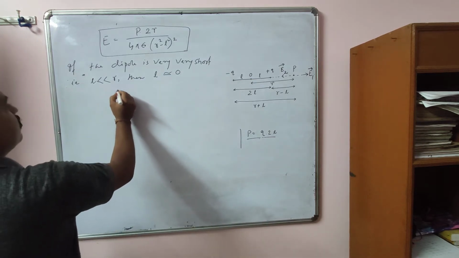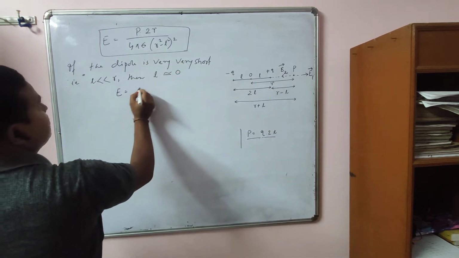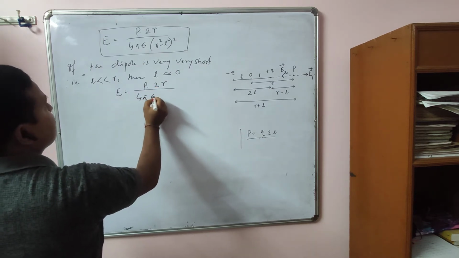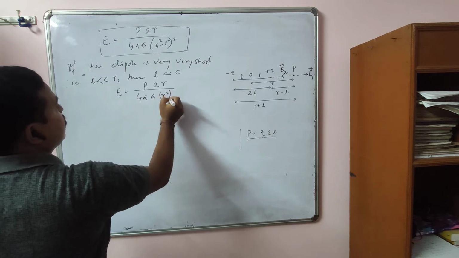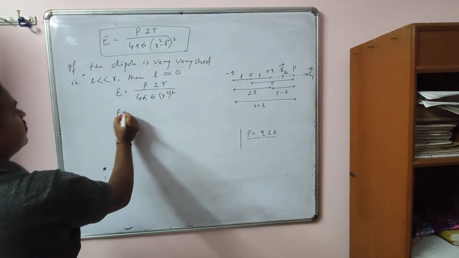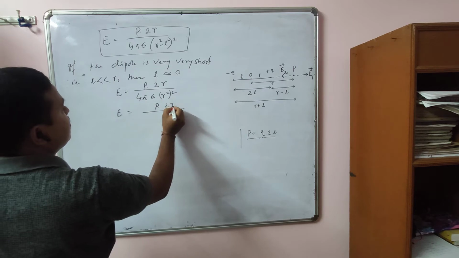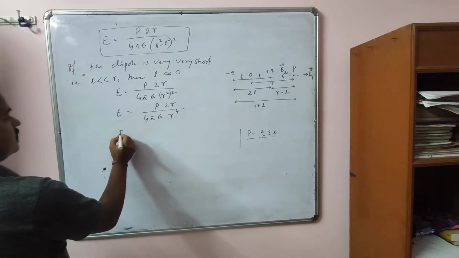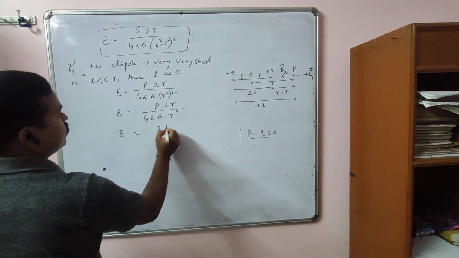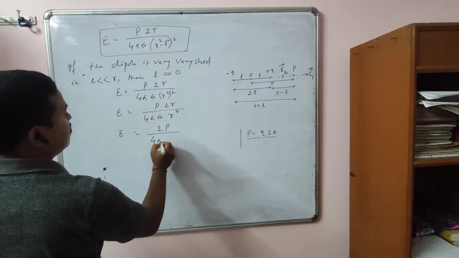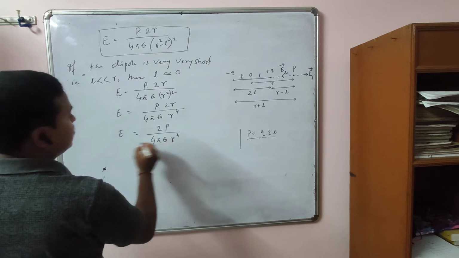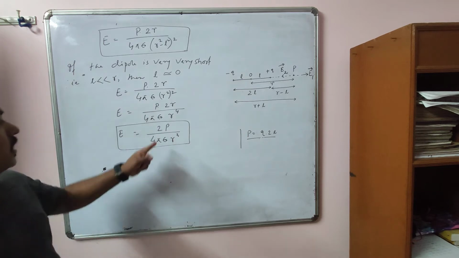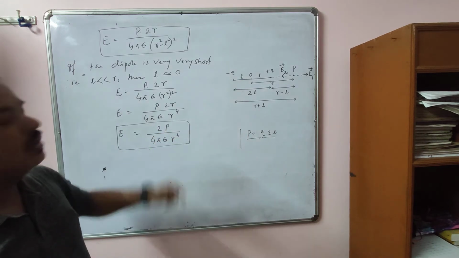So in that case, what will be E? You neglect this L. It is P into 2R by 4 pi epsilon, R square whole square. So it will be P into 2R by 4 pi epsilon R to the power 4. So one R cancels out. It will be 2P by 4 pi epsilon R cube. So this is the expression of electric field. E is equal to 2P by 4 pi epsilon R cube.